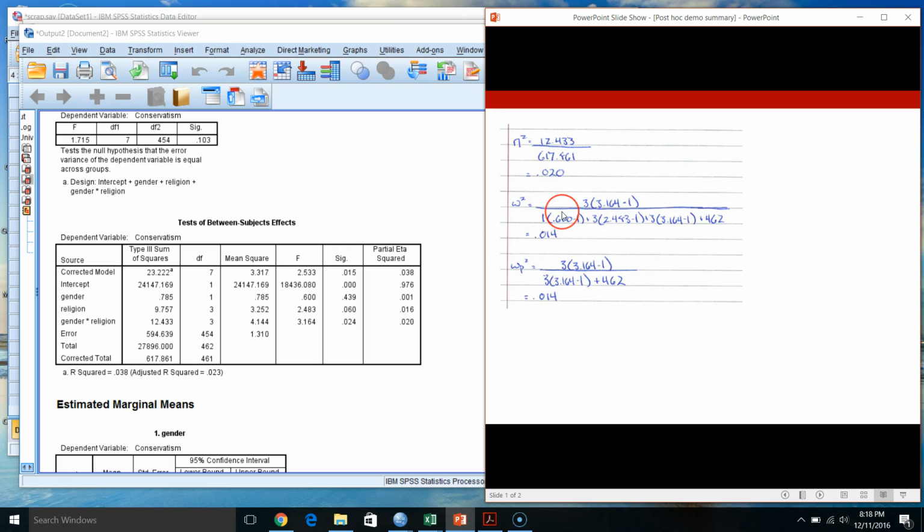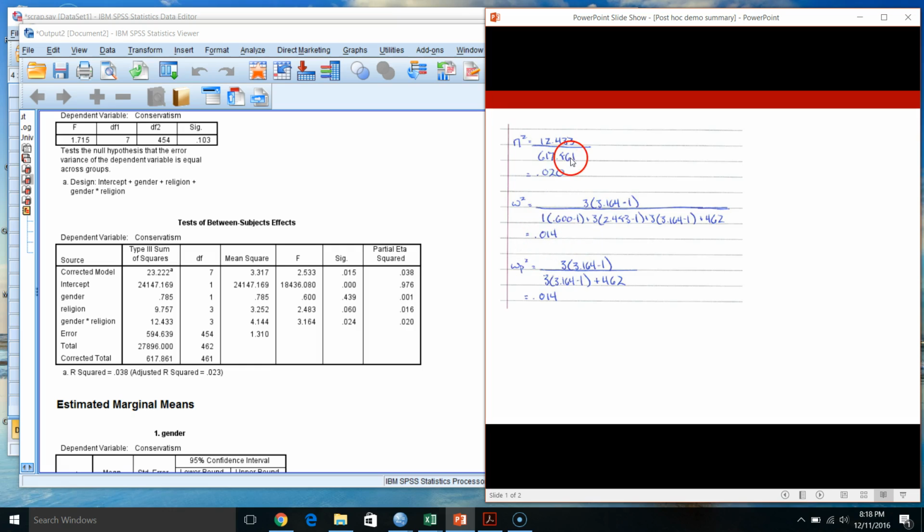Same thing if we wanted to calculate omega squared. We would take our degrees of freedom times our F minus 1 in the numerator, take that over degrees of freedom times our F for all three of our effects plus our sample size, which is 246. If we go through calculate omega squared is going to be 0.014.